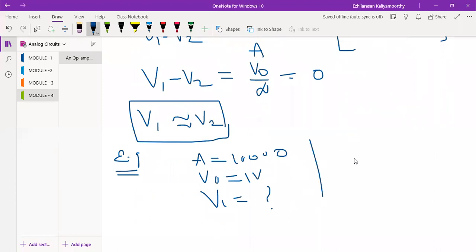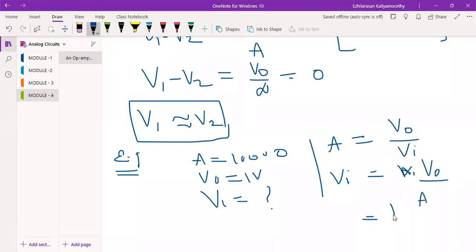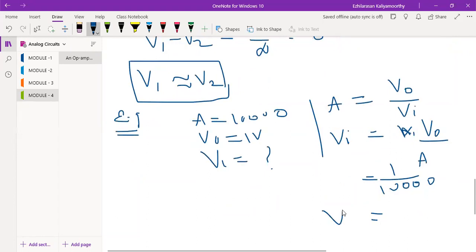To find this, we know the formula V naught by V in, which is equal to A. We need to find out VI. So VI is equal to V naught by A. The V naught is given as 1 volt, and A is 10,000. So what will be your VI now?